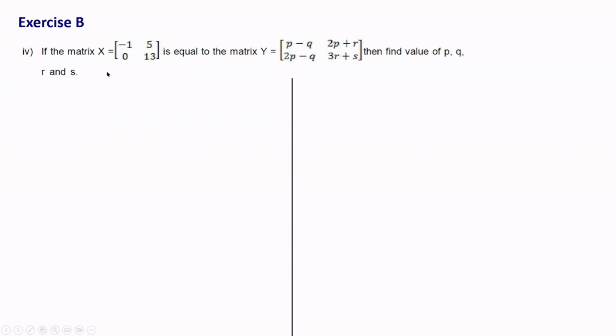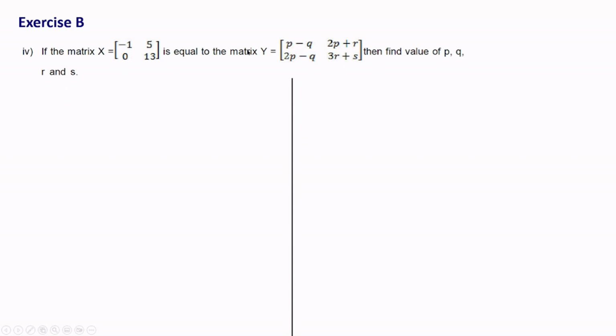Next question, if the matrix X equal to minus 1, 0, 5, 13 is equal to the matrix Y equal to P minus Q, 2P plus R, 2P minus Q, 3R plus S, then find the value of P, Q, R and S. So here it is given these two matrices are equal.